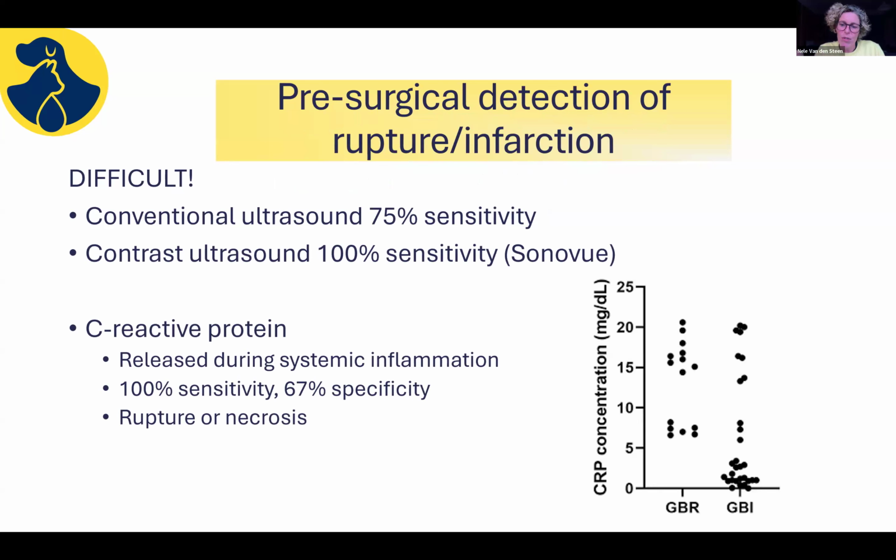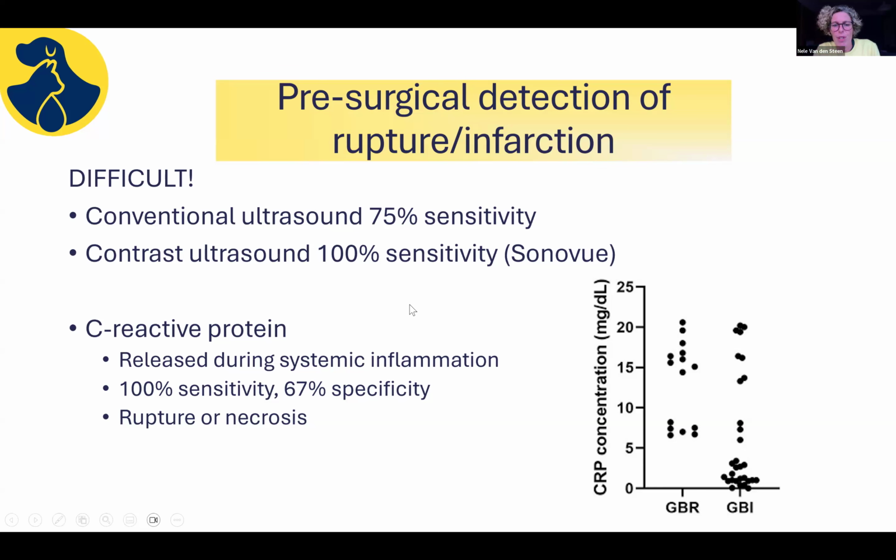We said conventional ultrasound: from the rupture, we still miss a proportion. From the infarction, which has not ruptured yet but probably will if that wall becomes necrotic, we will miss some of these dogs, okay? So it isn't great. It's the best we've got in a normal setting, but it isn't great.